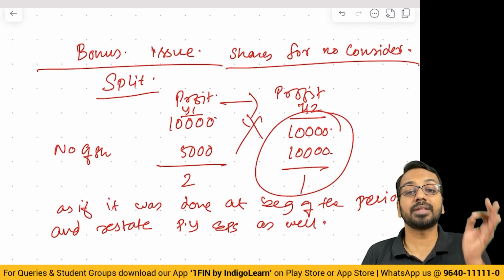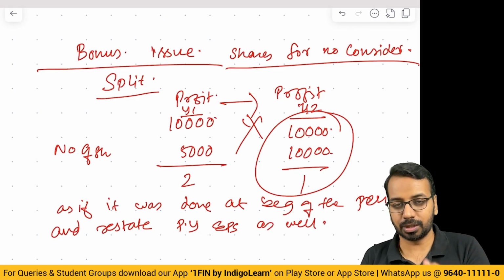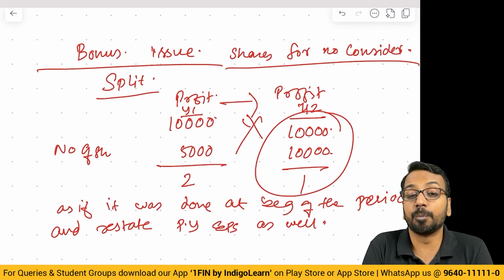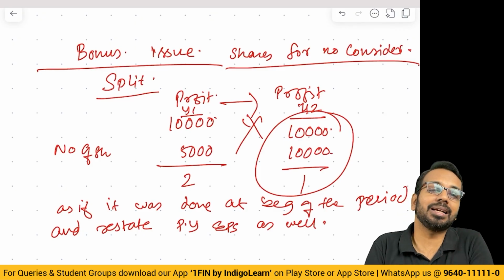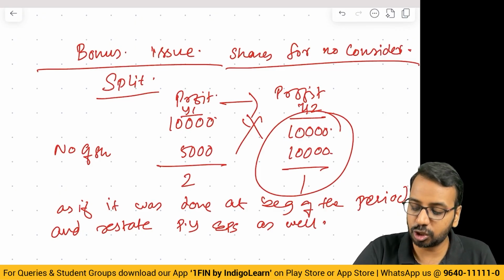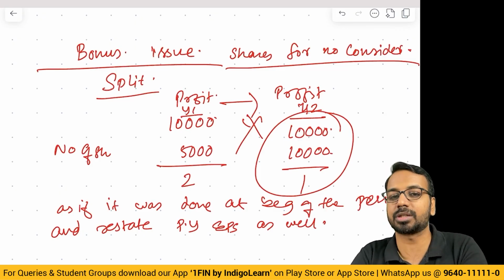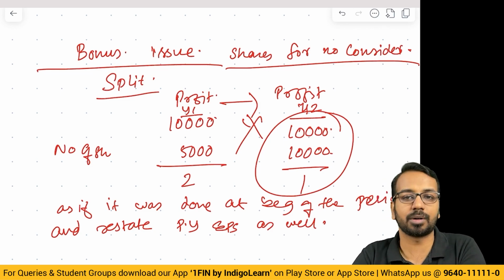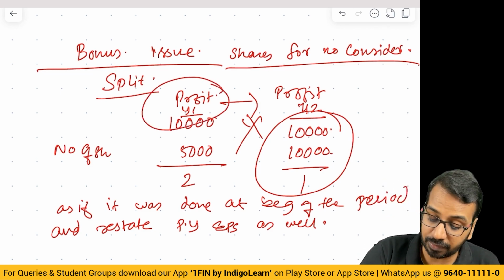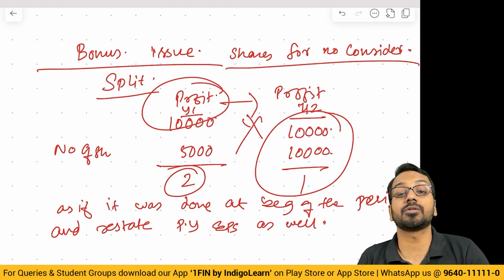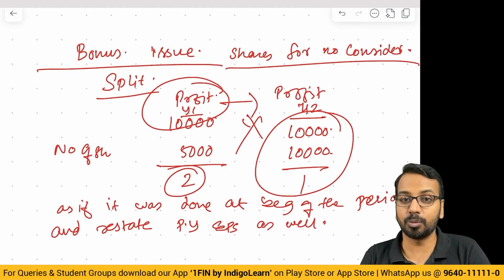Meaning to say, whenever there is a bonus or split of shares, you will assume that it has happened at the beginning of the period, and hence you will consider it full year outstanding for calculation of weighted average number of shares. And also the previous year EPS, which is 2, that also has to be restated.